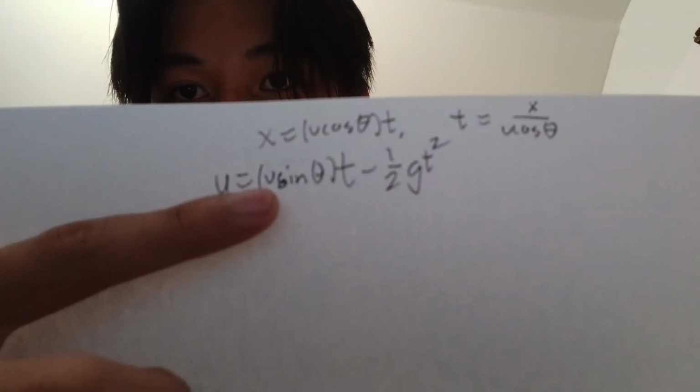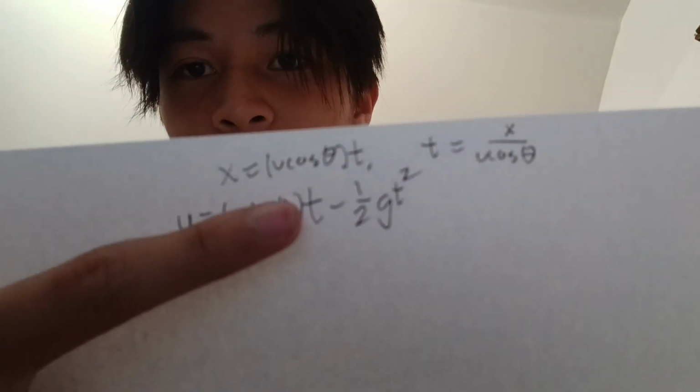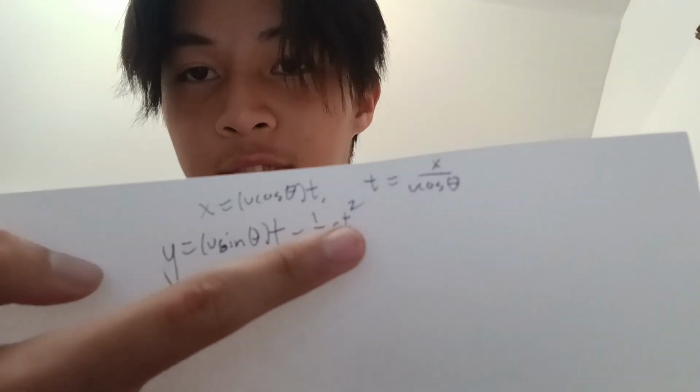And then you write the y function out. And that is this. Y equals v sine theta t minus 1/2 gt squared.